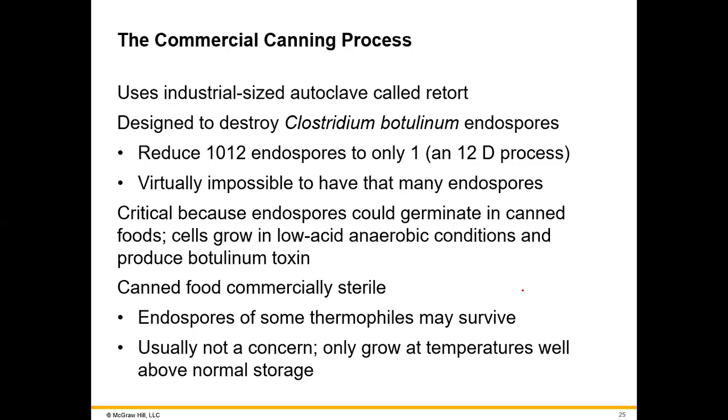And the vegetative cell is also resistant to low acid anaerobic conditions. They're quite happy, in fact, at those conditions. And they can produce the botulinum toxin, assuming they have the gene for it.